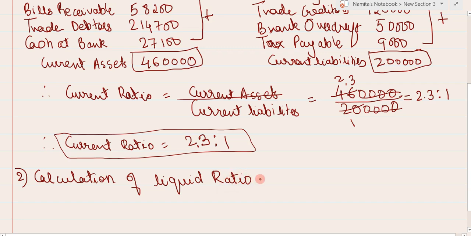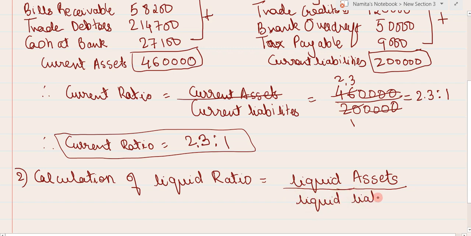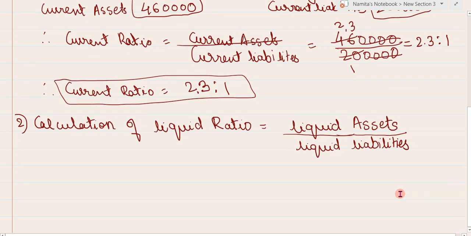Calculation of liquid ratio. Now the liquid ratio formula is liquid assets upon liquid liabilities. Okay, liquid ratio is equal to liquid assets upon liquid liabilities. Now to find the liquid ratio, we have liquid assets upon liquid liabilities.